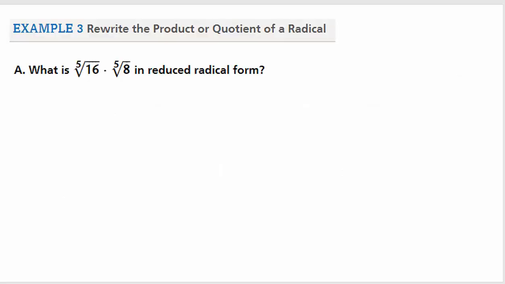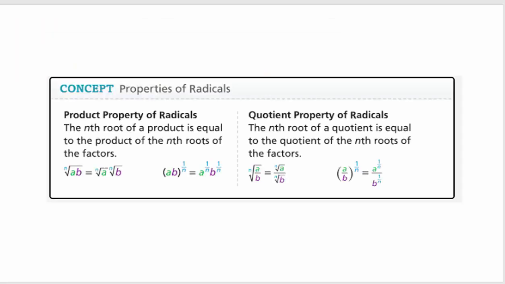So here's our first question. We are going to rewrite the product, or the quotient, in this case it's a product, of the radical. So we have two different radicals, but both have the 5th root. So if we go back to our rules, we have this situation. What we're going to do is simplify by putting both radicands underneath the same radical.